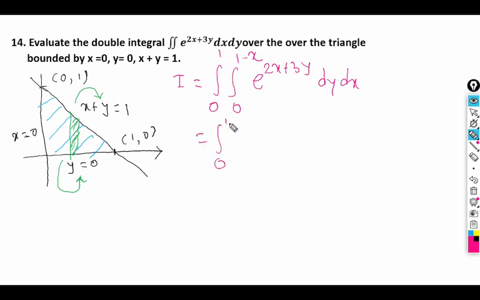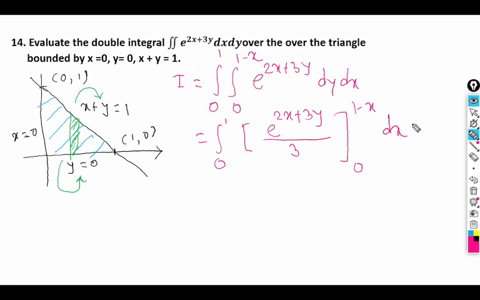Very simple integration. e raised to a plus by, we integrate with y, so the integration of e raised to a plus by is e raised to a plus by upon b. In the same way, e raised to 2x plus 3y, because 2x is like a constant, upon 3, because we are integrating with y. Limits are 0 to 1 minus x dx.